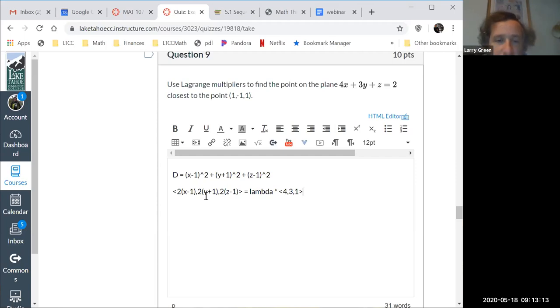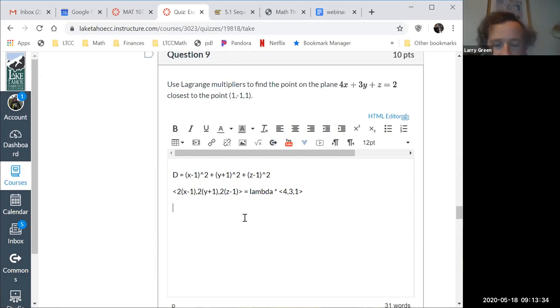Any questions on how I got <4, 3, 1>? It's like one of the easiest gradients you can imagine. Any questions on that?